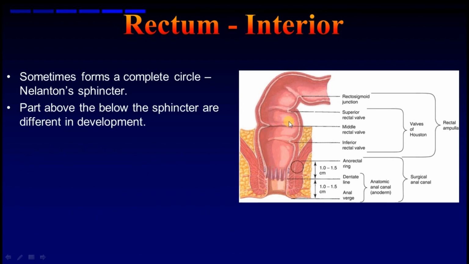The parts above and below this are different in development. The part above develops from the pre-allantoic part of the hindgut. Below the third valve, it develops from the post-allantoic part of the cloaca, because the cloaca is that part of the hindgut which is below the opening of the allantois.